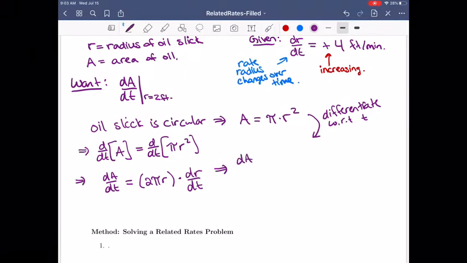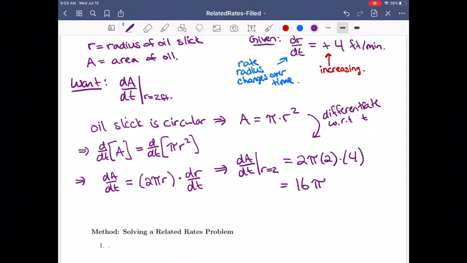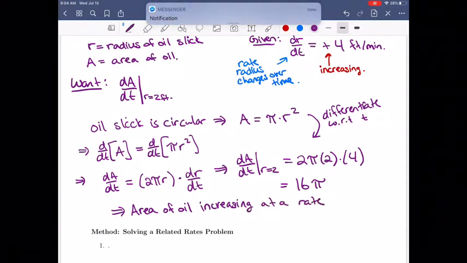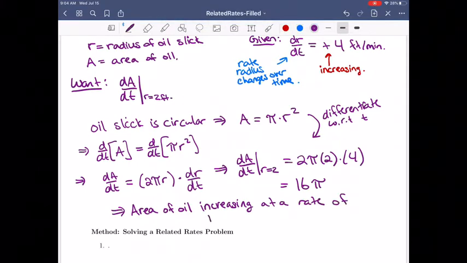So dA/dt, when r is equal to 2, is going to be 2 pi times 2 times dr/dt, which we know is 4. So this is going to be 16 pi. And it's positive, so that means that the area of the oil is increasing at a rate of 16 pi.